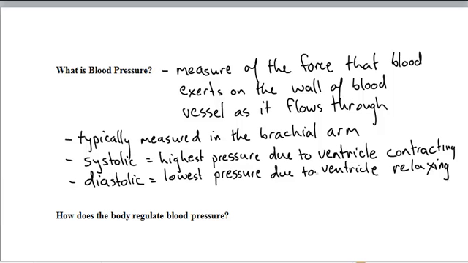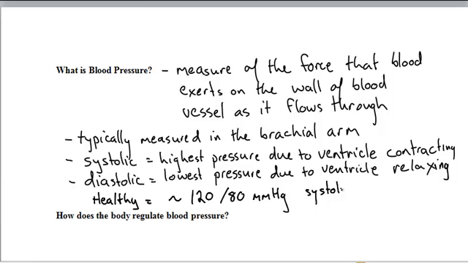And if you are healthy, your blood pressure should be approximately 120 over 80 millimeters of mercury, systole or systolic over diastole or diastolic.